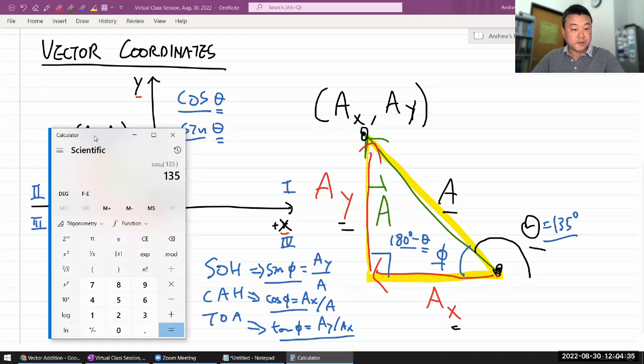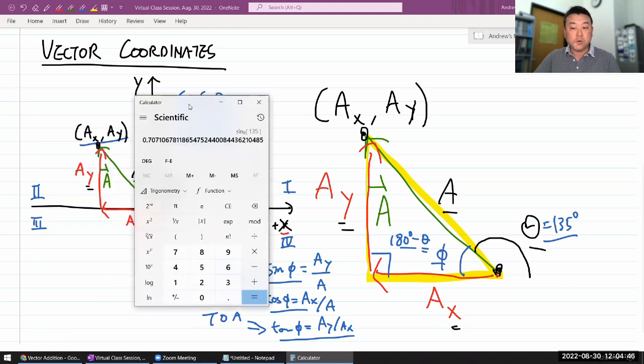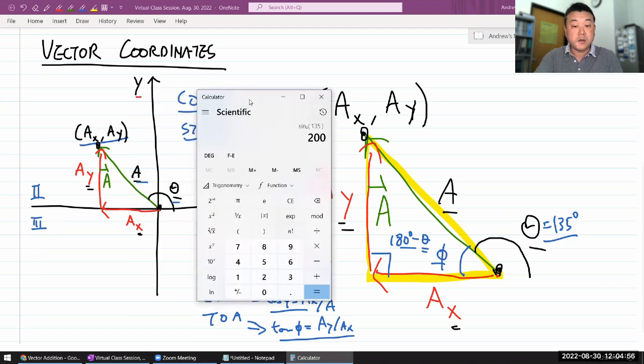And I can enter sine of 135 degrees, and you get a positive answer, which corresponds to your y component. And all these other angles, greater than 180 degrees, also are meaningful. So if I have 200 degrees, which gives me an angle in the third quadrant, the sine of that will be negative because the y component is negative.